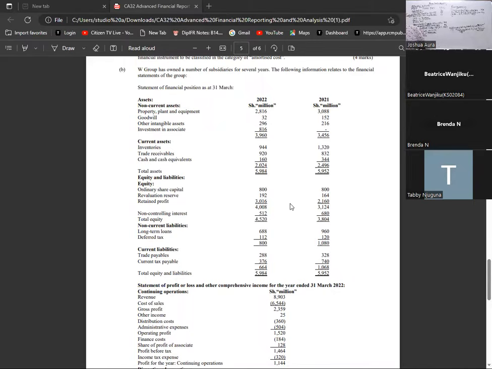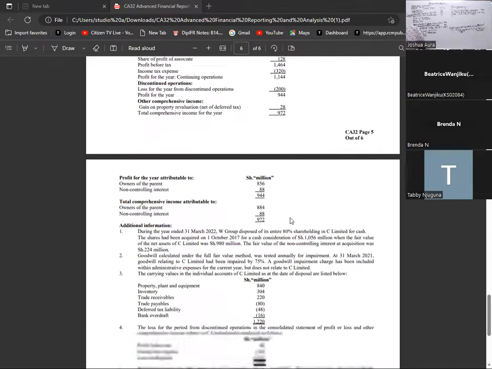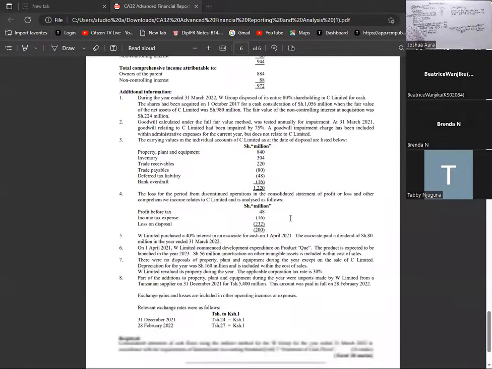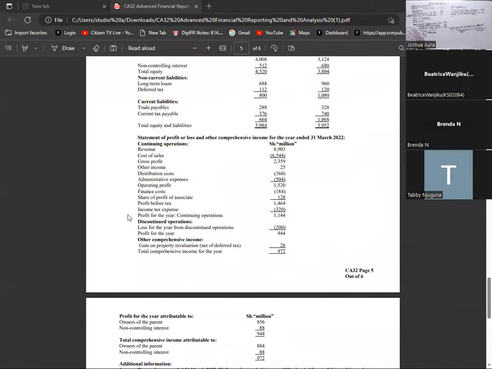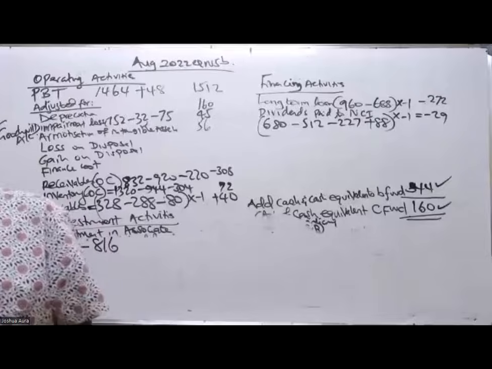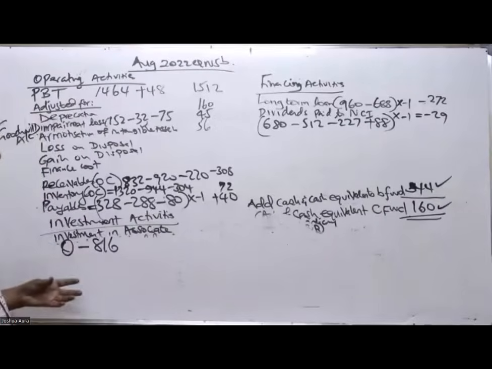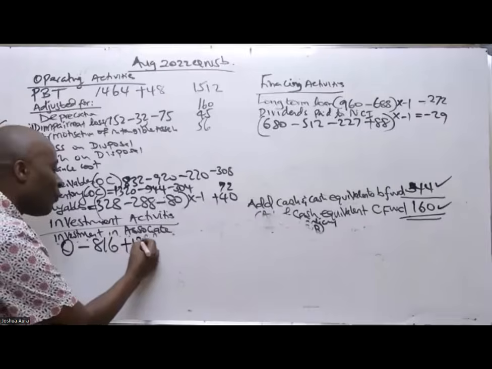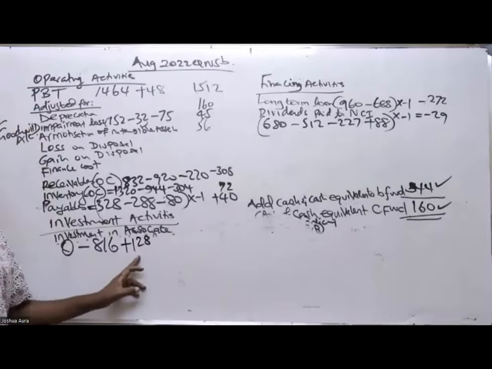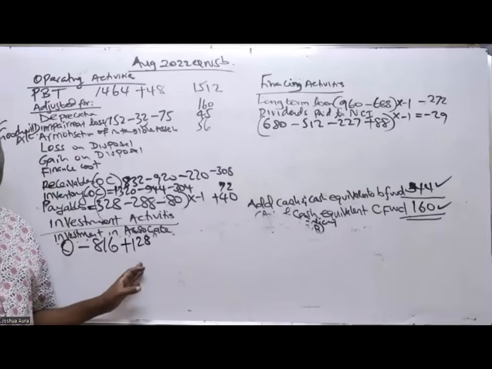So go to the income statement and look for the profit. Very easy, really. Are you able to see share of profit of associate 128? Right? This increases the value of the associate. So you add profits generated by the associate.